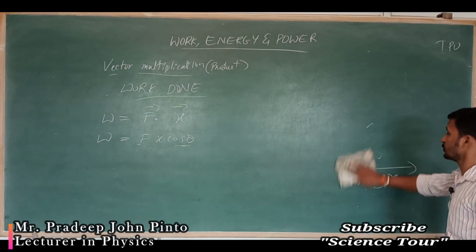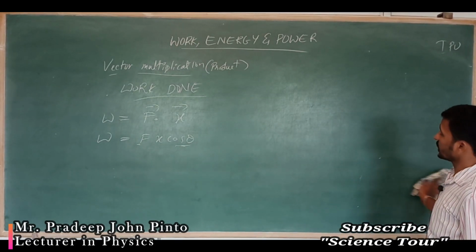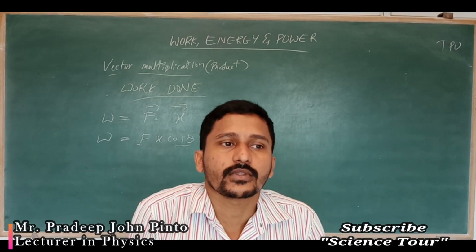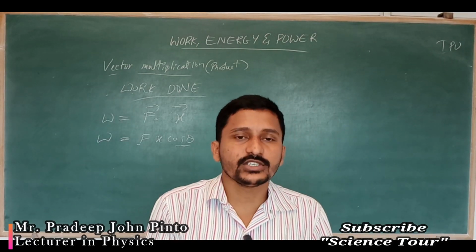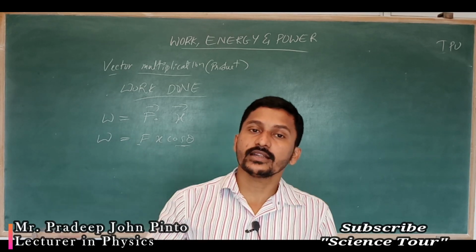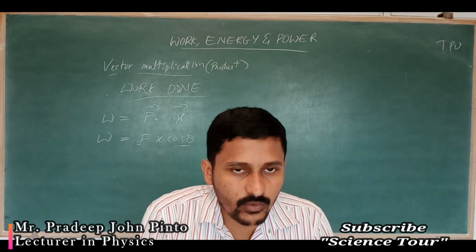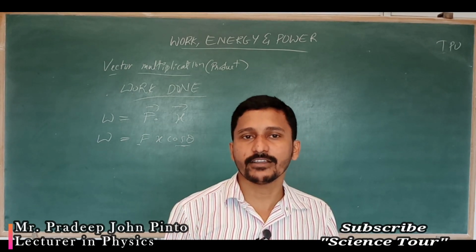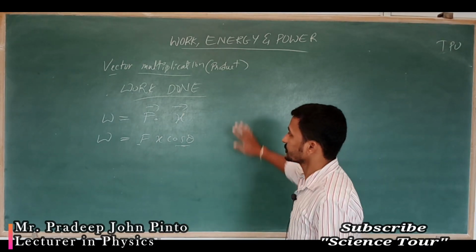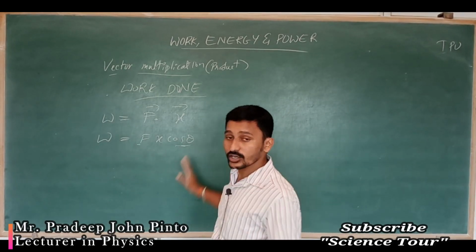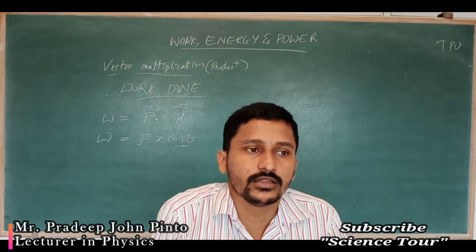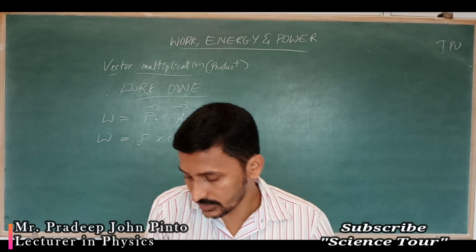We have discussed earlier that a quantity is said to be a vector if it has magnitude, it has direction, and it obeys the law of vector addition. But work does not obey the law of vector addition.